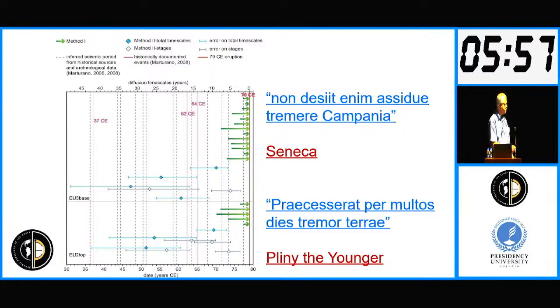And these are a plot of the timescales that you get from going from 79 AD. The eruption is here. So before the eruption, how long ago you are seeing different signals of magma movement. And what you see here is that about 10 years before the eruption, you had a lot of earthquake activity.